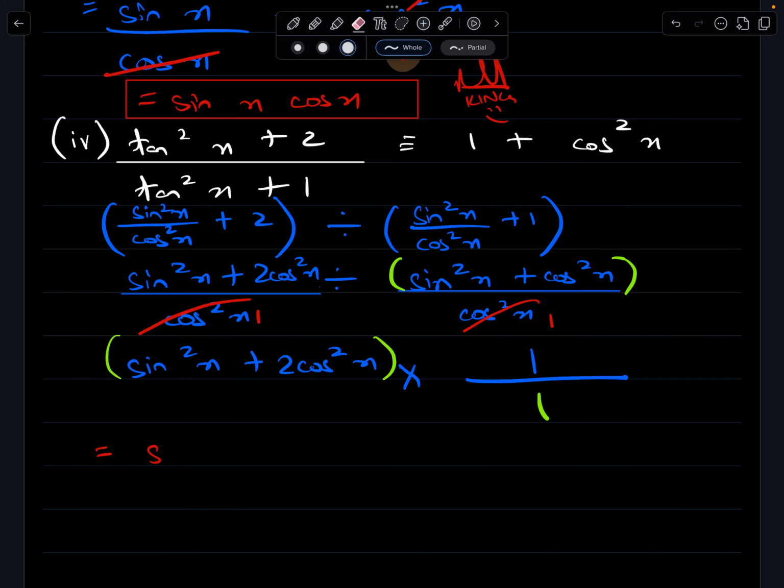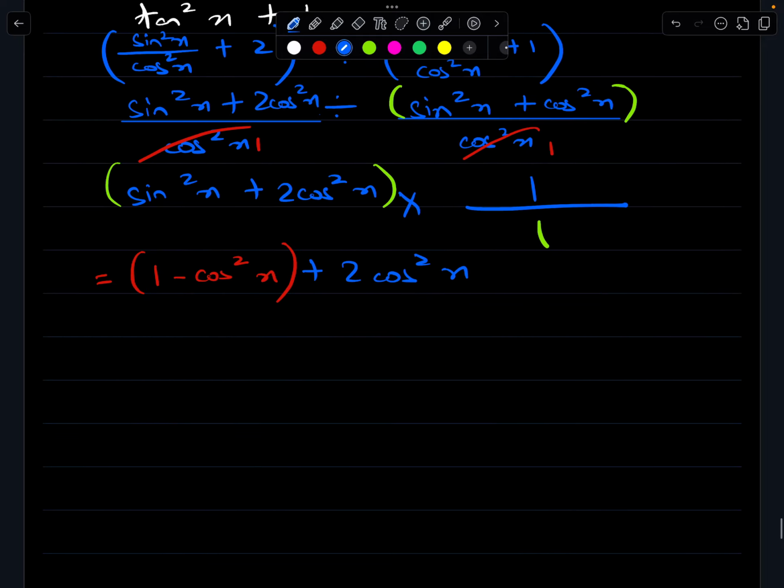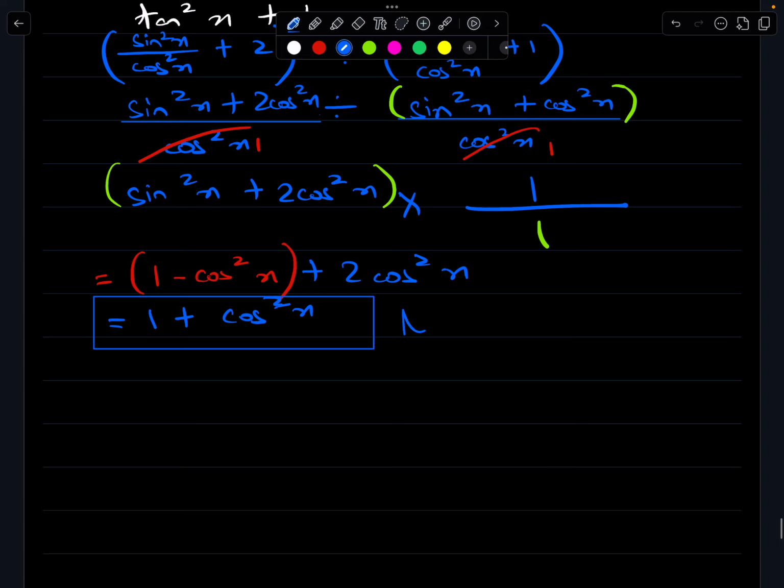Thus we'll write sine square x in terms of cos. And we turn out to have 1 plus cos square x. And you are the king. Or I am the king.